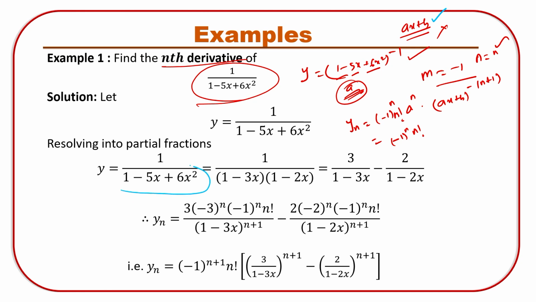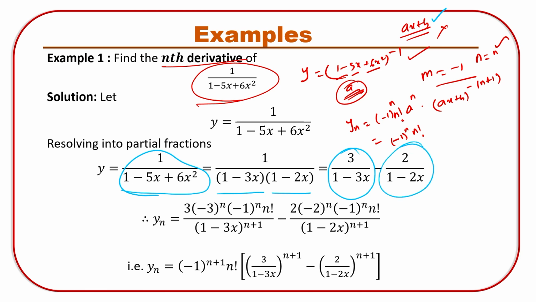So y equal to 1 divided by (1 minus 5x plus 6x square) can be written as 1 divided by (1 minus 3x)(1 minus 2x) in factors. And moreover, taking the partial fractions, it will give you 3 divided by (1 minus 3x) minus 2 divided by (1 minus 2x).